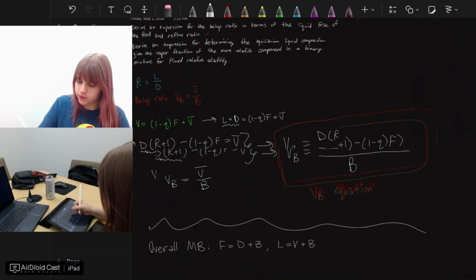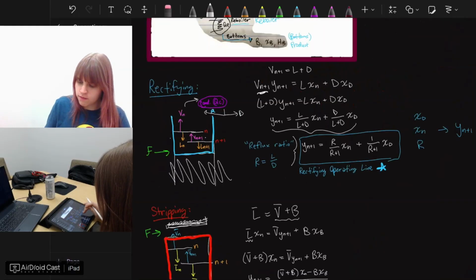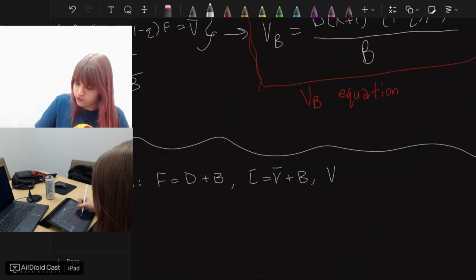And that should be bar. We also know that V times n plus 1 is equal to the liquid plus the distillate.